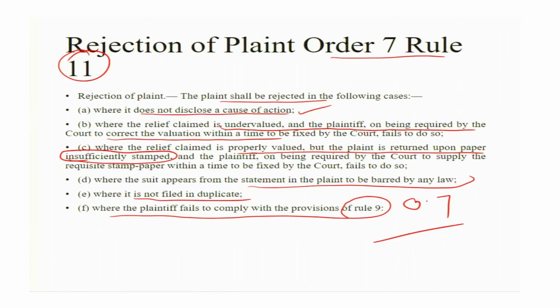Whatever is ordered by the court, 100 rupees per defendant, then 100 into 5, 500 you have to deposit in advance, then the court will serve the summons to the opposite party through postal services. Otherwise the court will reject. This is your rejection of plaint.